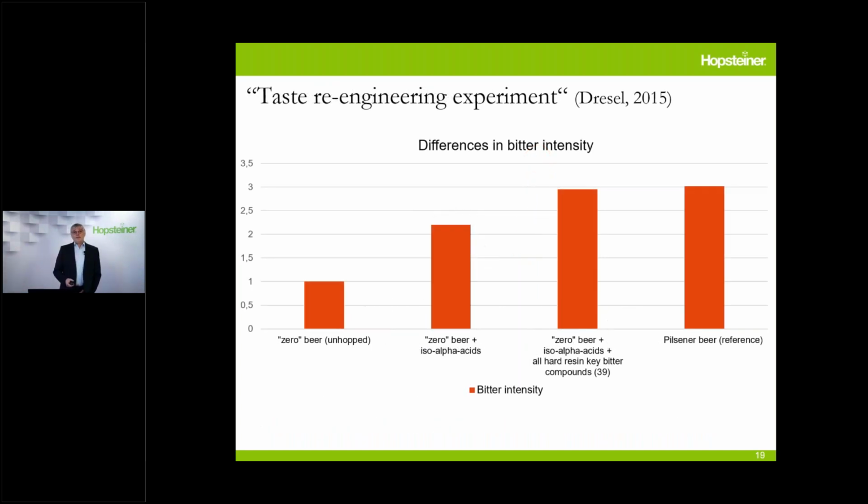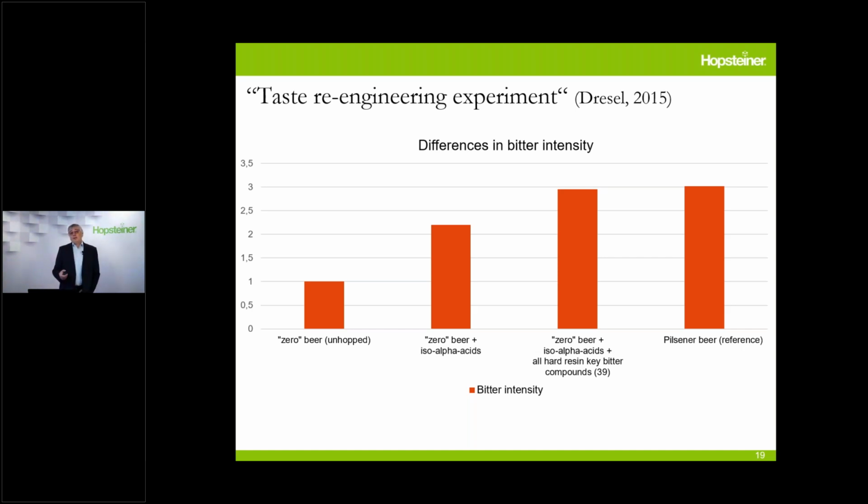And Dresel performed what he calls a taste re-engineering experiment. He had a Pilsner reference beer, and he analyzed all the single components of this beer, bitter components, the iso-alpha acids, as well as the hard resin key bitter compounds, as I have shown you before in the tables.